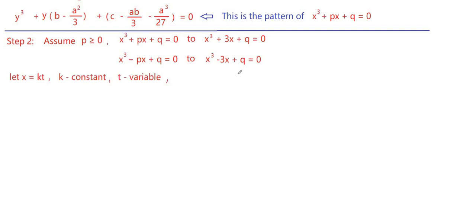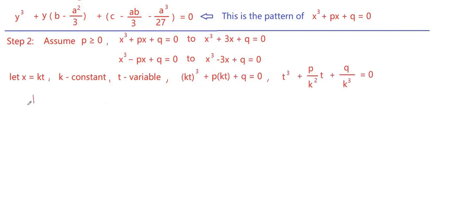As an example, we consider the first case. We have (kt) cubed plus pkt plus q equal to 0. t cubed plus p divided by k squared t plus q divided by k cubed equal to 0.